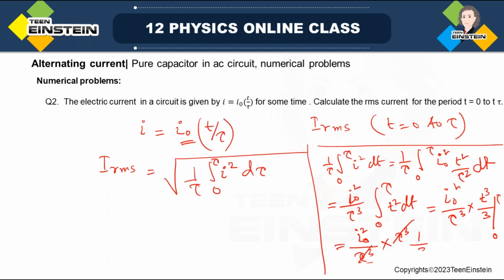So I0 square by 3, or I0 by root 3. So this is how actually you have to solve problems. Okay, so here IRMS is equal to I0 by root 3.